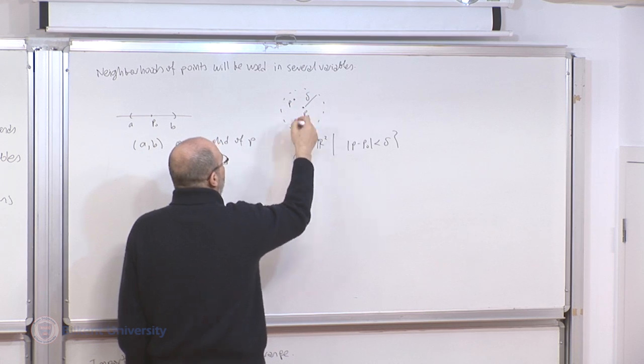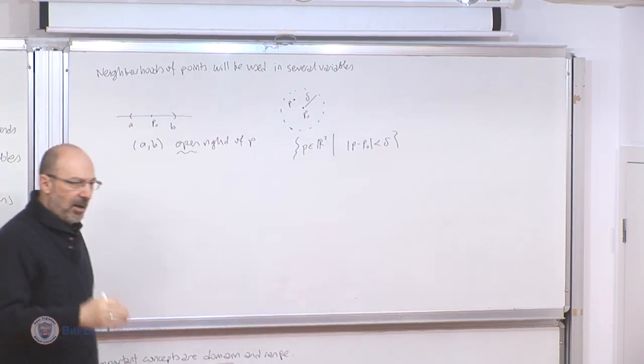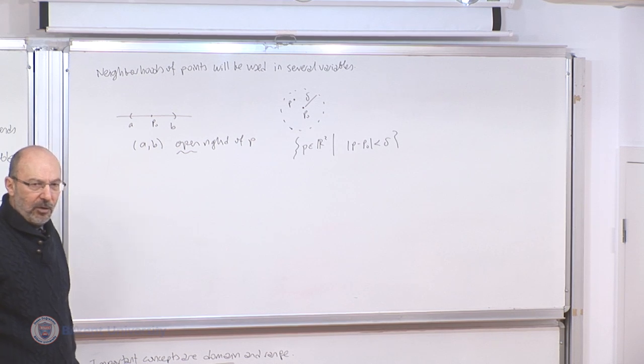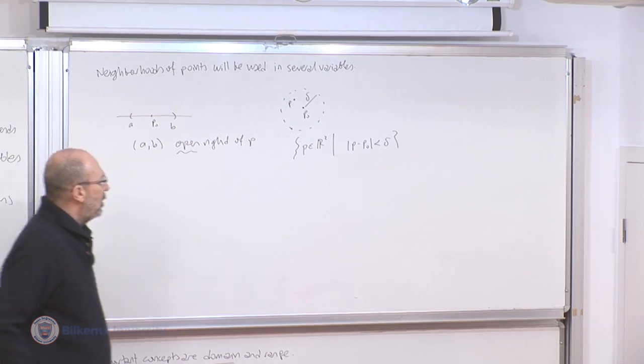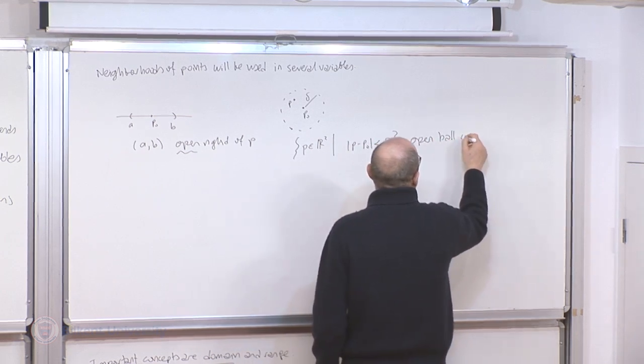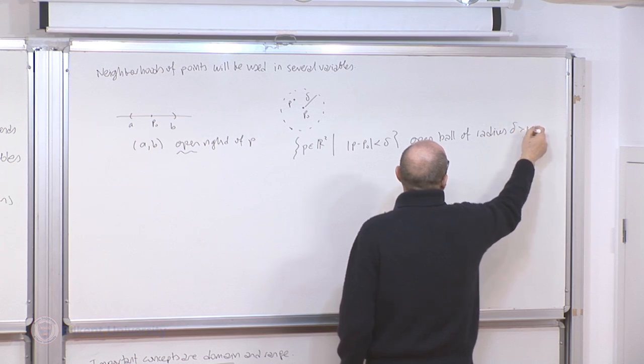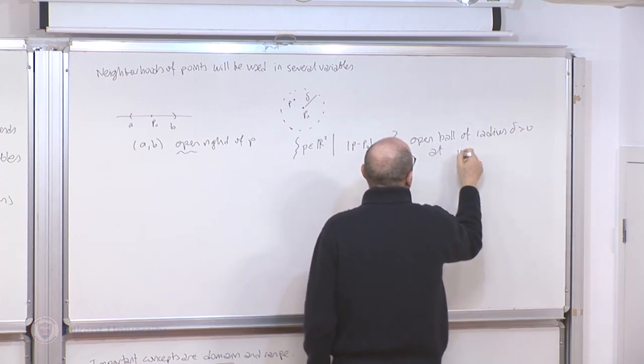Nobody has any question about it. This is the boundary. The distance between a boundary point and the center is exactly delta. We don't want that. So this is an open ball of radius delta, positive of course, at P sub 0.